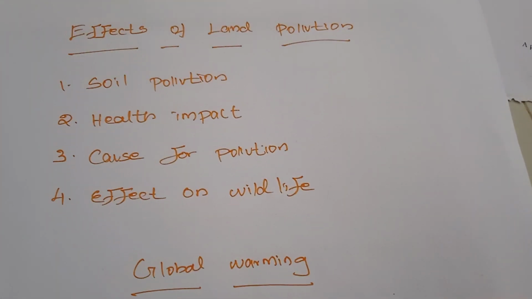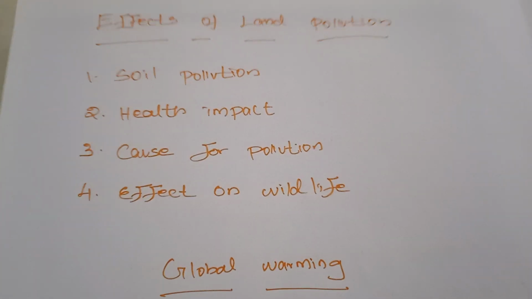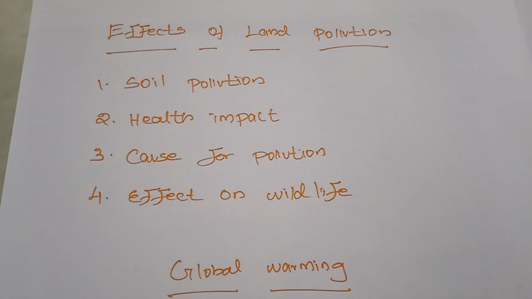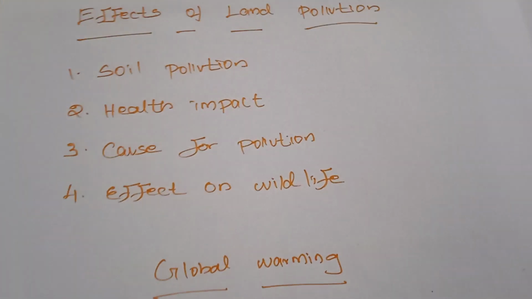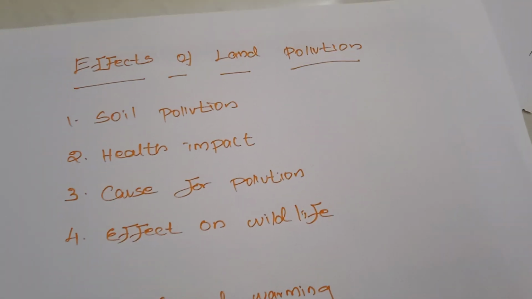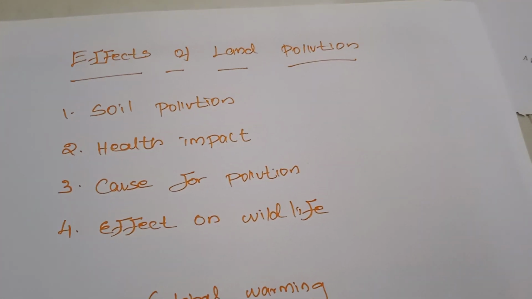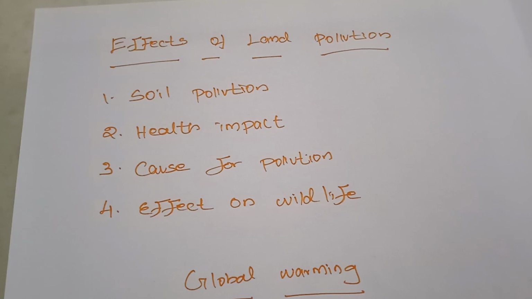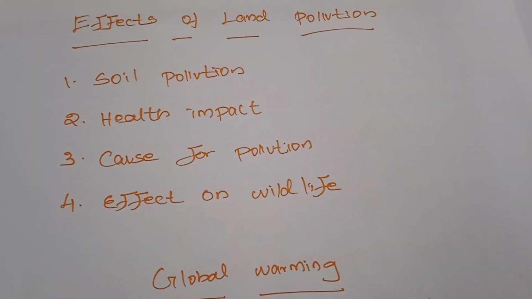If the land is not suitable for animals to live, they will migrate from one nation to another or one forest to another. If land pollution continues throughout the world, there will be no opportunity for animals to live on the surface of the land.